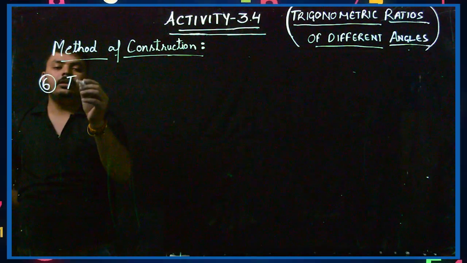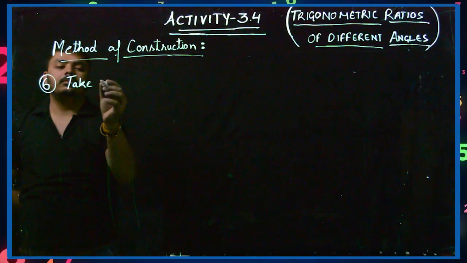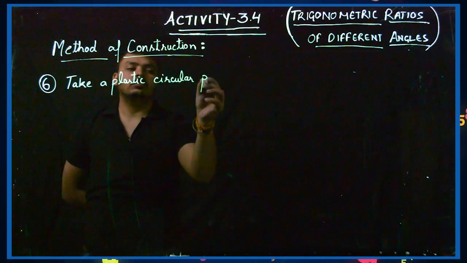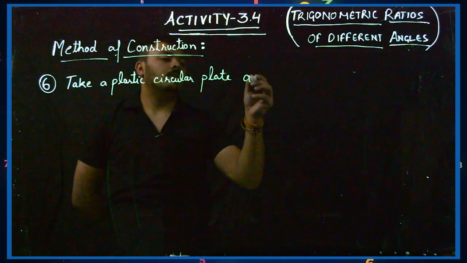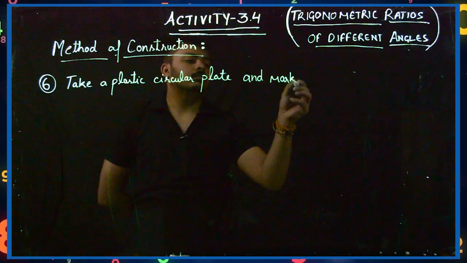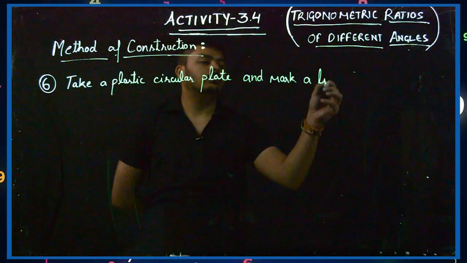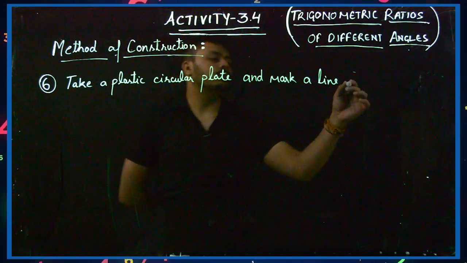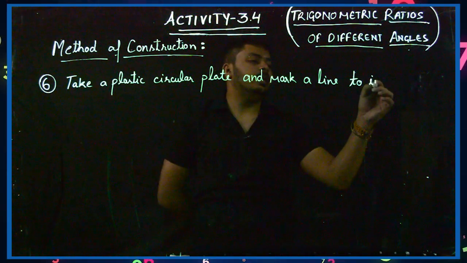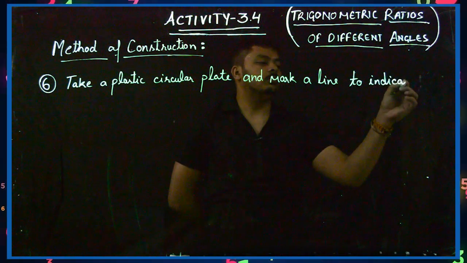Now take a plastic circular plate and mark a line to indicate its radius.